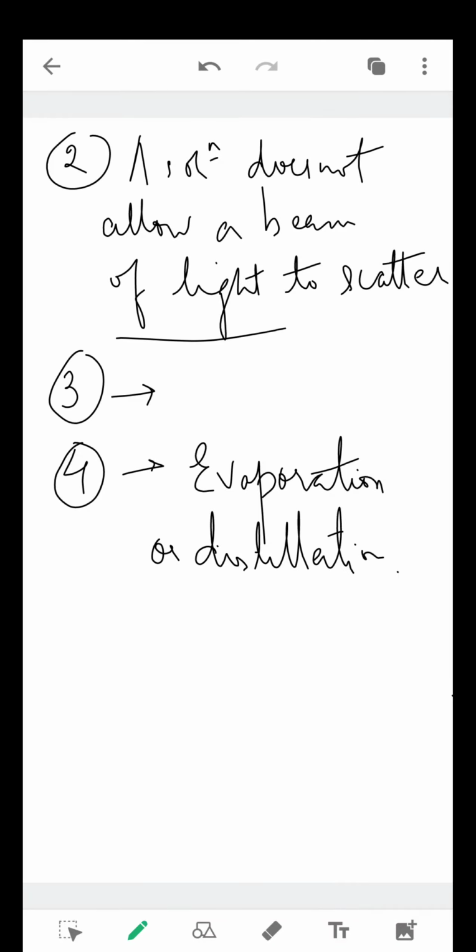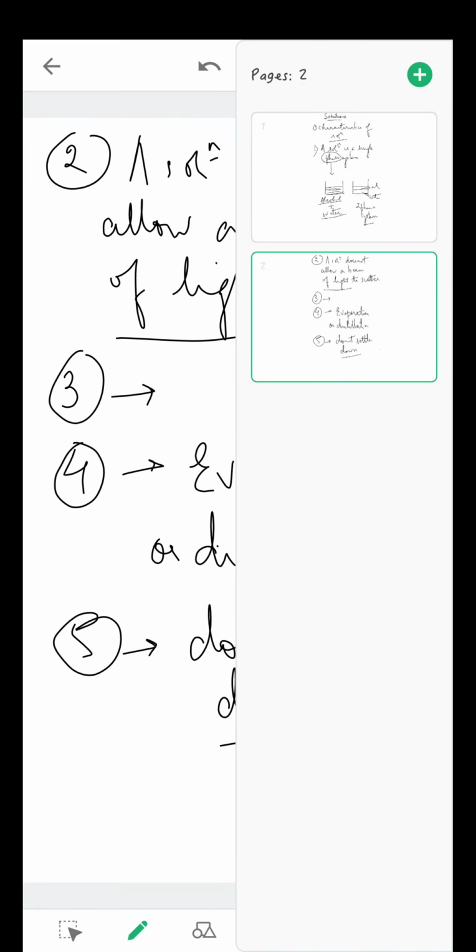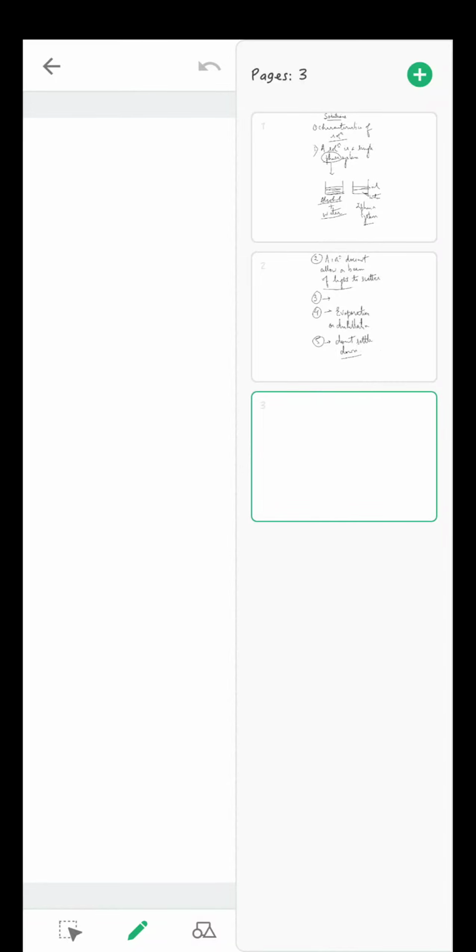Then the fifth characteristic is that the solute particles in a solution do not settle down. All right. So these were the characteristics of solution. Now let's move on to the classification of solution.